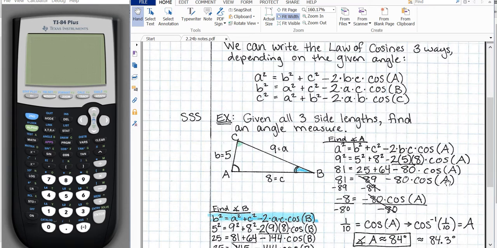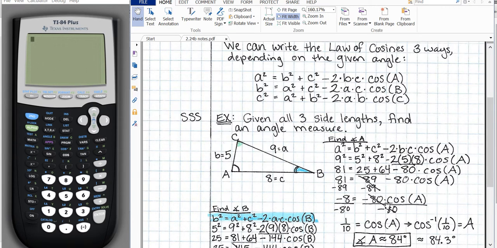Okay, time to isolate cosine of A. First, we're going to subtract 89 from both sides of the equation. Make sure that if you do it on one side, you got to do it on the other. Keep it balanced. Equations must be balanced. But when we subtract it, we come up with a negative 8. That's alright though. We have negative 8 equals negative 80 times cosine of A. Alright, how do we get rid of the negative 80?